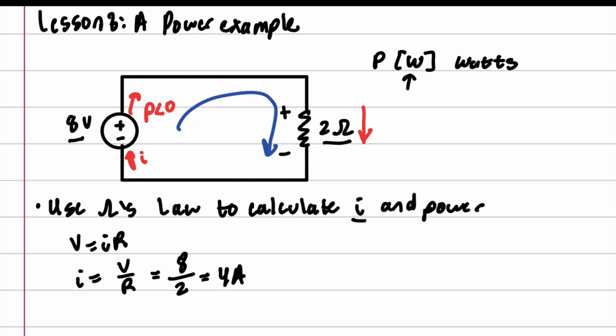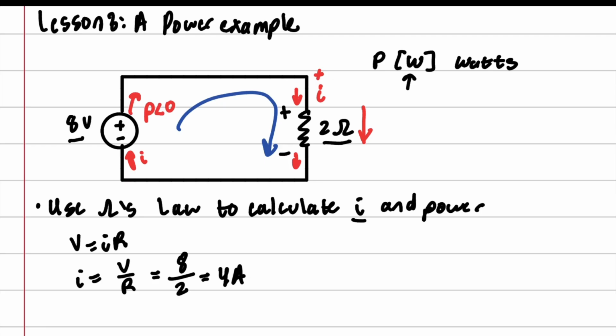Whereas here, we have a passive sign convention, and resistors always have positive power. So we know the current is going through the resistor and it is positive. Just a little tip there. You don't have to think about it that hard, but that's just how it is.